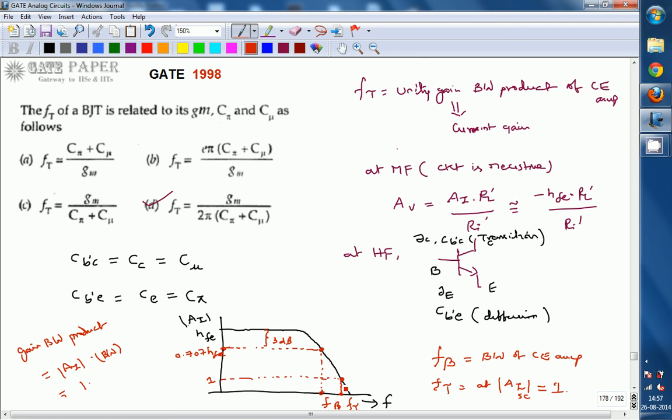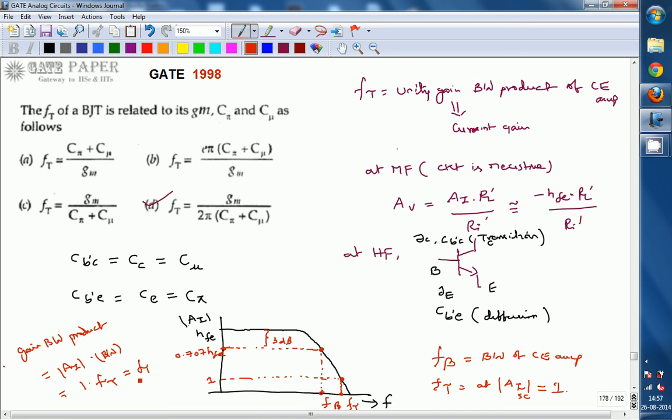Whenever gain is equal to 1, the bandwidth is nothing but F tau minus 0. So this is going to be F tau. 1 into F tau is nothing but F tau. Since the gain is unity, we can call it the unity gain bandwidth product, which is nothing but F tau.